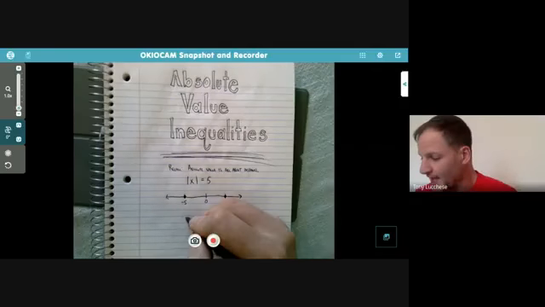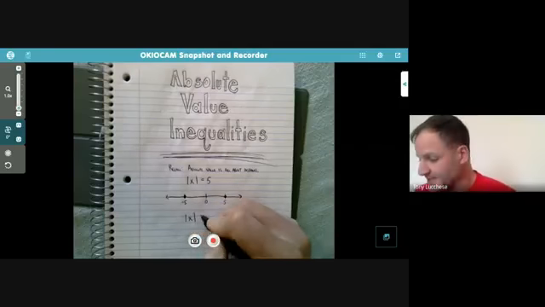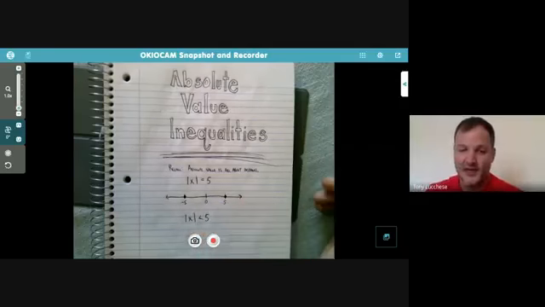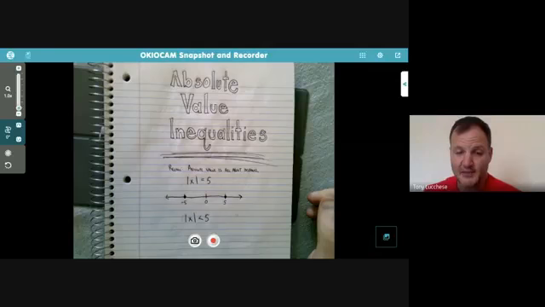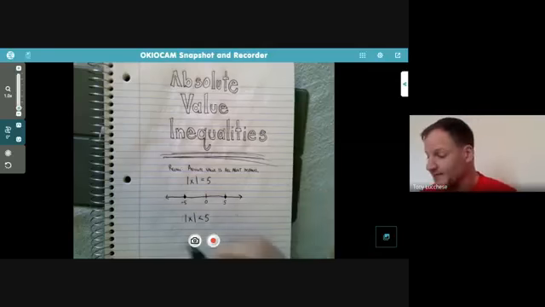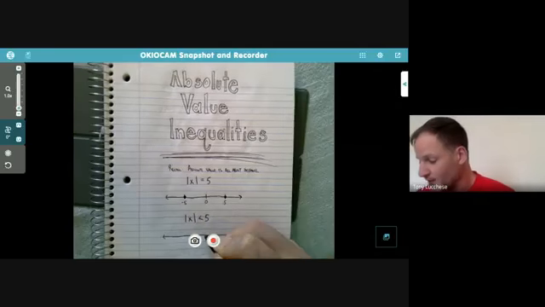Now, let's look at an inequality. Let's say that the absolute value of x is less than 5. Again, we're looking for distance, but this time we're looking for any number that has a distance of less than 5 units from 0. So we're looking at a range of numbers now.